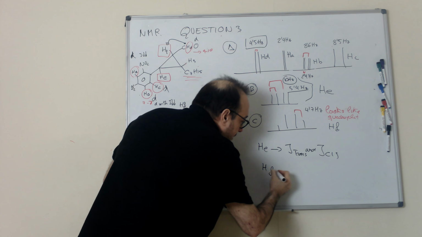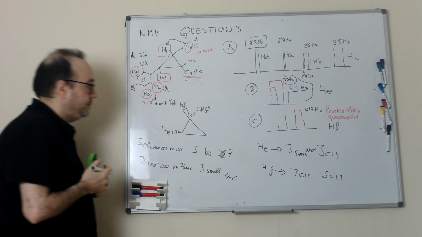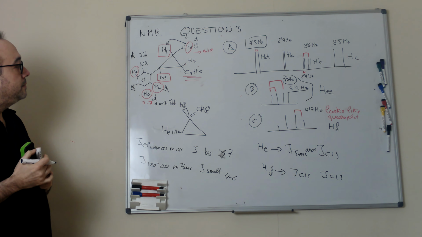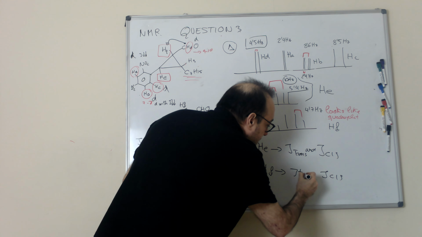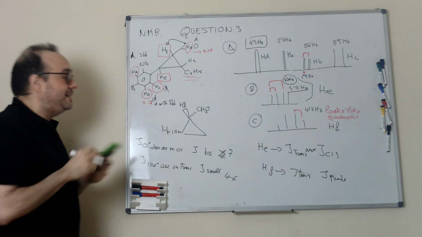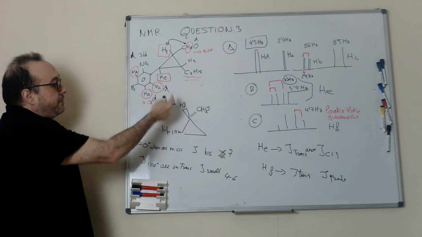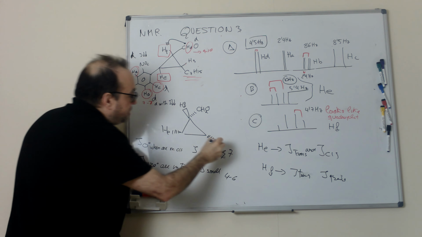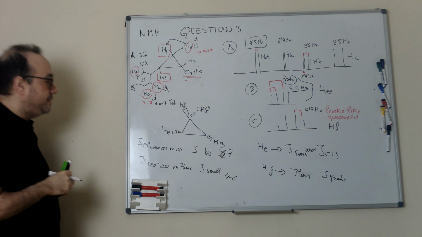HF has 2 J's. No, 2J is trans, not cis. Sorry. Because the coupling constant is 4.5, that is less than 6. That means HF, if we draw HF up, HE and HG must be down in order to have a trans coupling constant.